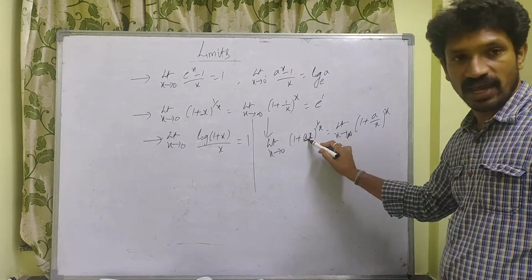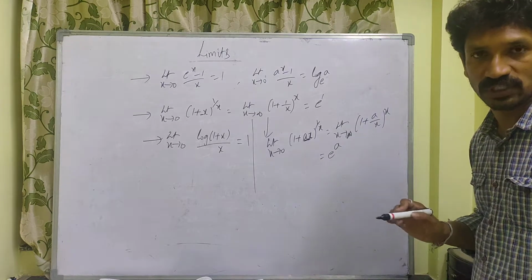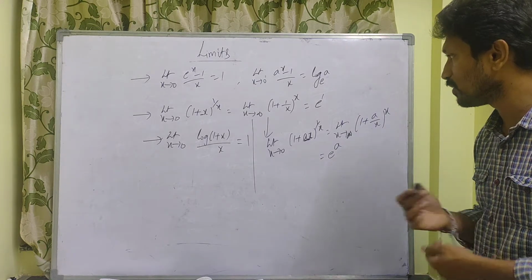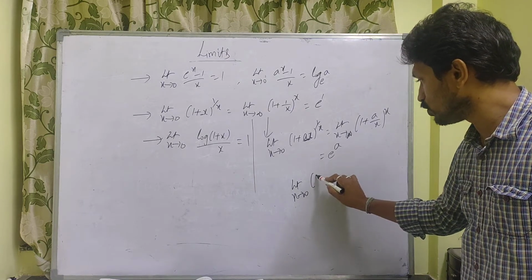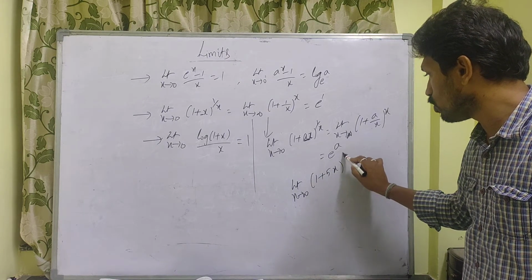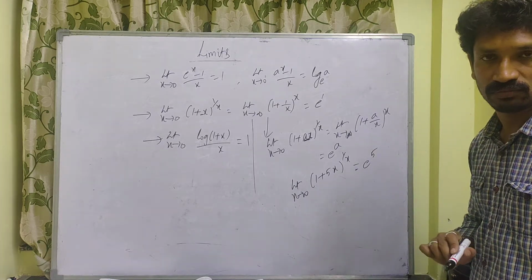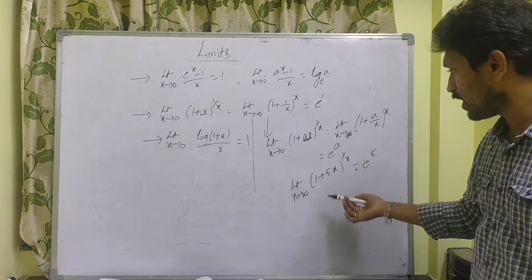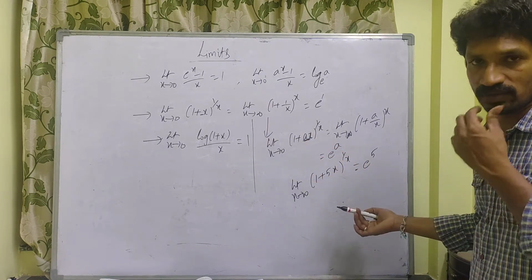If you have here a, this value becomes e power a. Just remember this formula, very very important. For example, limit x tends to 0, (1 plus 5x) whole power 1/x. What is this answer? e power 5. Very simple. Like that they will give the questions. So just remember carefully.